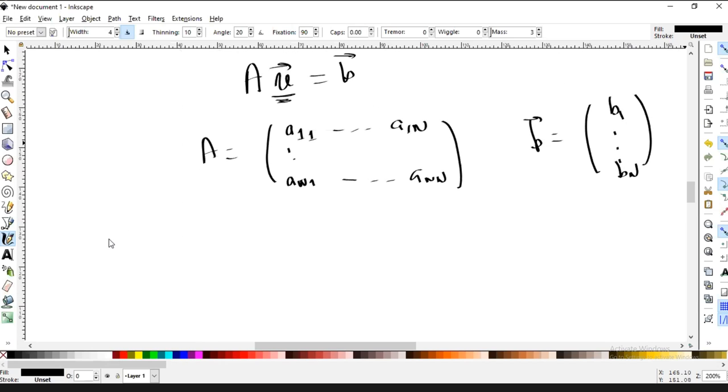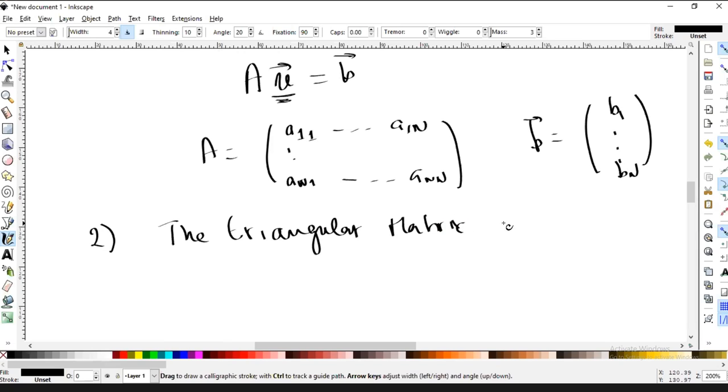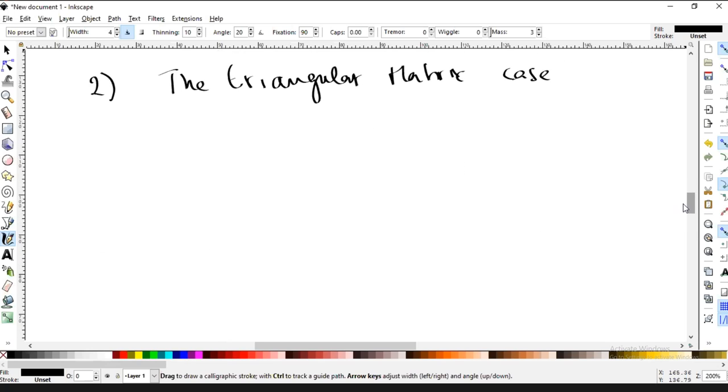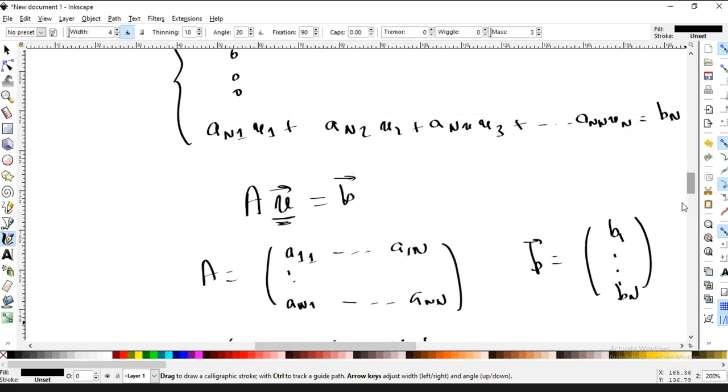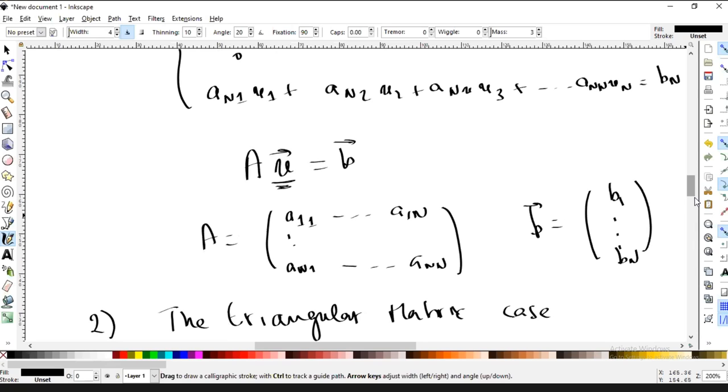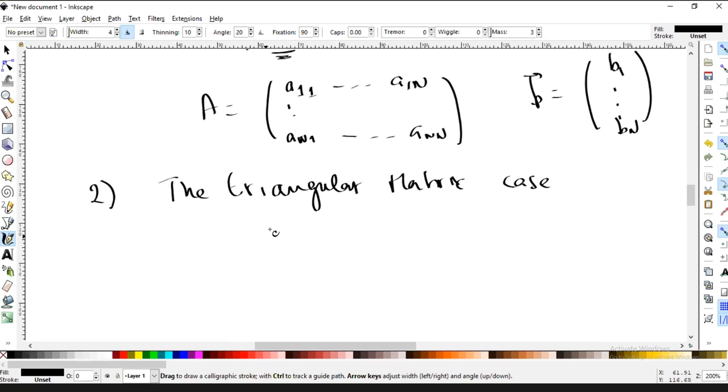Now, as a starting case, we'll consider a simple case, which is the triangular matrix case. Suppose that A is an upper triangular matrix.